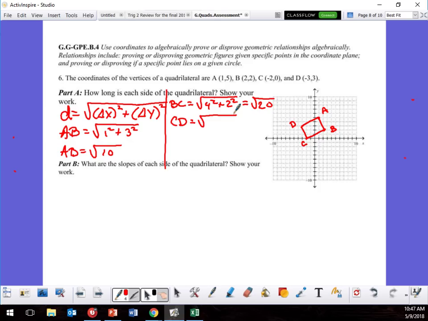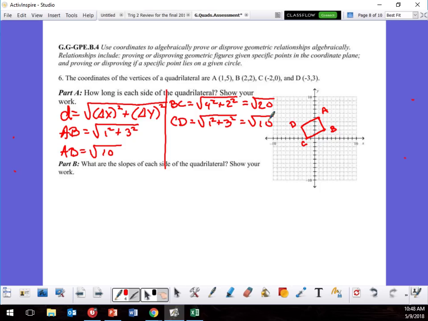So for CD, how far is -2 away from -3? 1. It's 1, right? -2 is 1 away from -3. So there's 1 squared. And how far is 0 away from 3? 3. Squared. So that's going to give me the square root of 1 and 9 is 10. Very good.